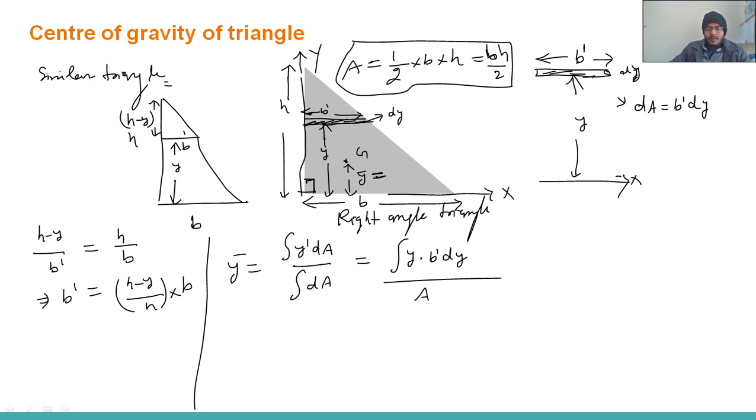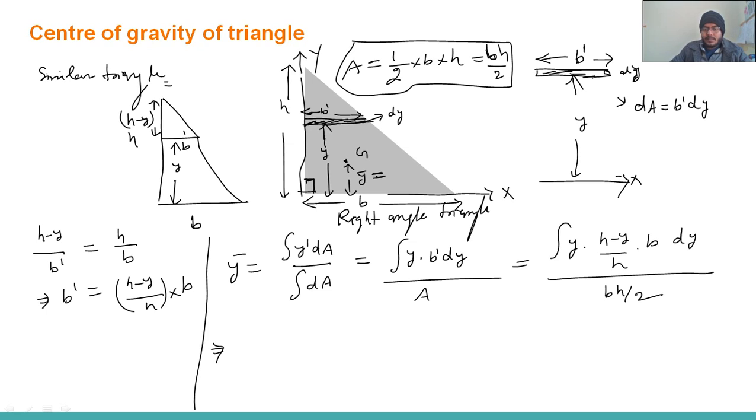Now I'm putting the value of b dash and A. So y times (h minus y) divided by h into b into dy, divided by the area, that is BH by 2.